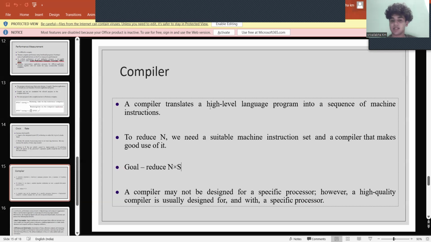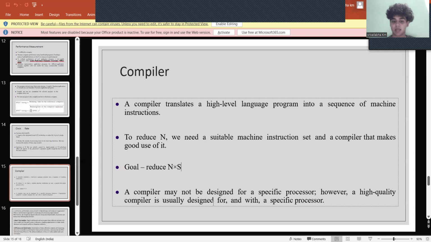This is the definition of a compiler. To reduce N, we need a suitable machine instruction set and a compiler that makes good use of it. A compiler may not be designed for a specific processor. It means that not every compiler is designed for a specific processor.